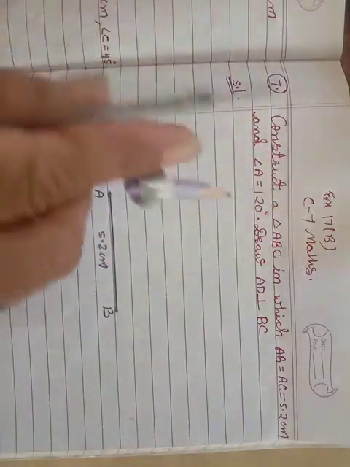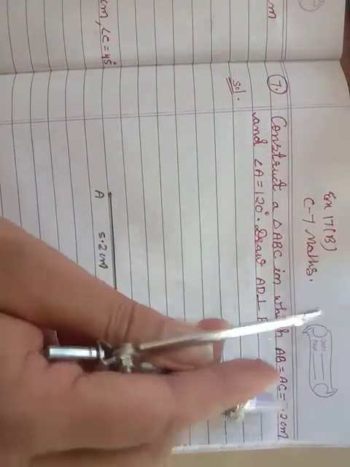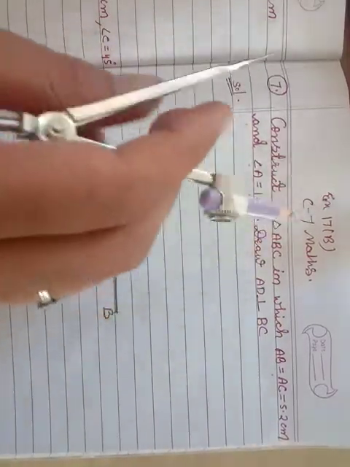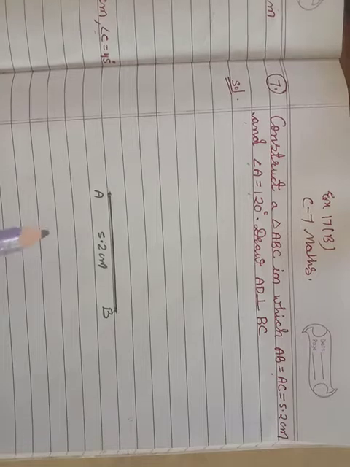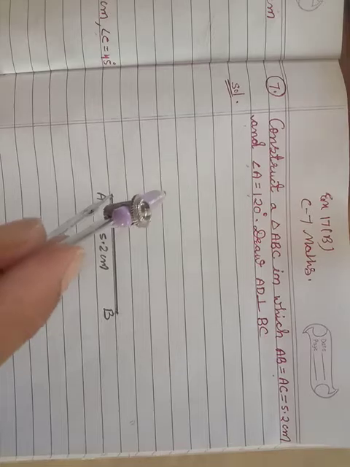Exercise 17B. Construct a triangle ABC in which AB is equal to AC is equal to 5.2 centimeter and angle A is equal to 120 degree. Draw AD perpendicular BC. So students, same as here I have to draw an angle of 120 degree at point A. So let's see.